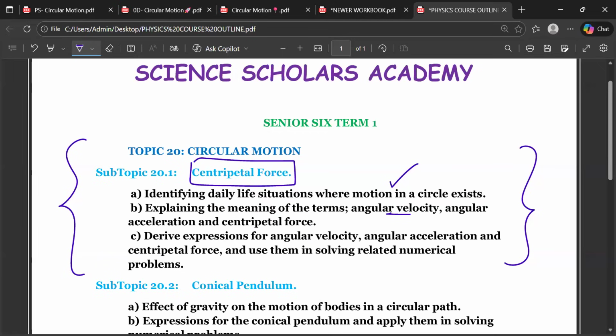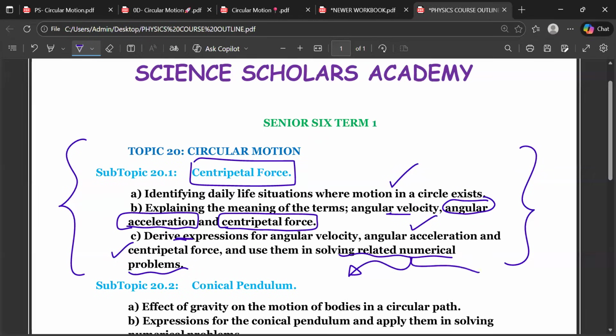And for today, I want us to concentrate on angular acceleration, then the centripetal force. Of course, we are going to have derivations for both, and then we are going to solve more problems. In these related numerical problems, we shall have some nice cases to do with the horizontal circle.